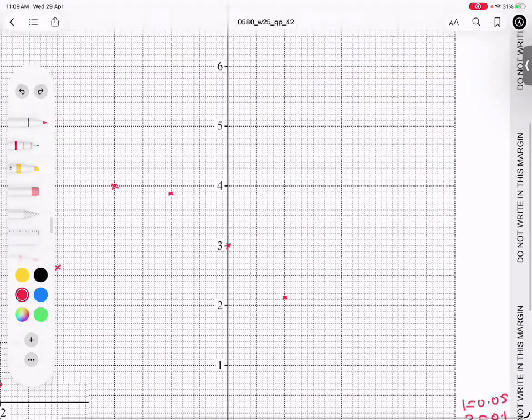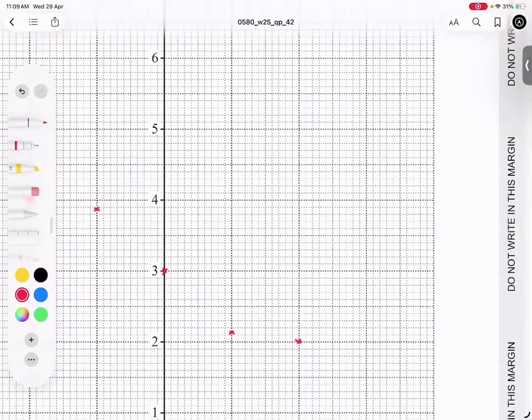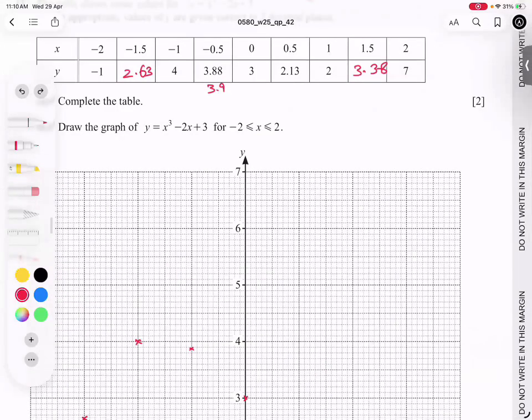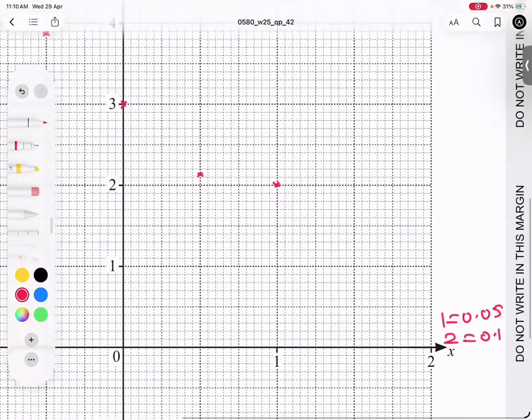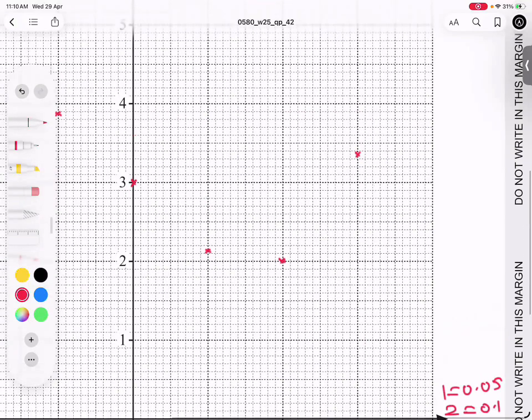X is 1, y is 2. So this point. And after this, 1.5 and 3.38, which is approximately 3.4. So 1.5 is here and 3.4 is here, slightly below 3.4. Let me check. 1, 2, 3. Yes, correct.